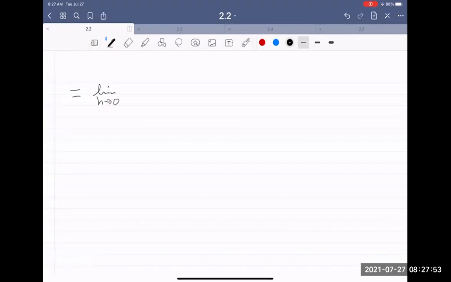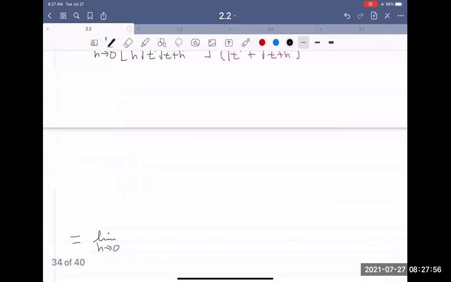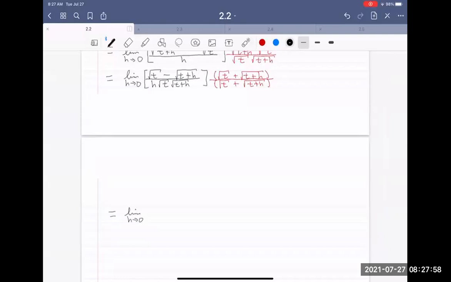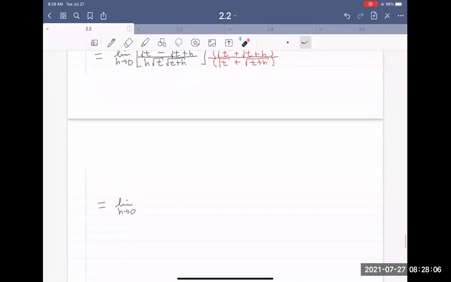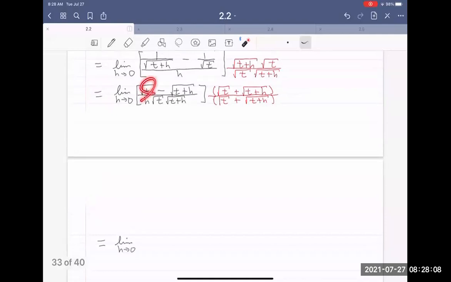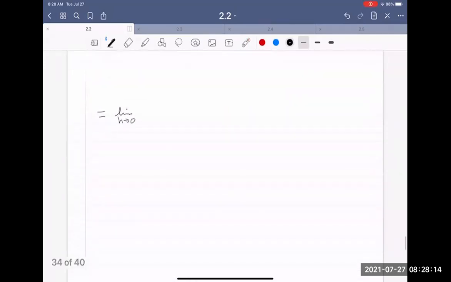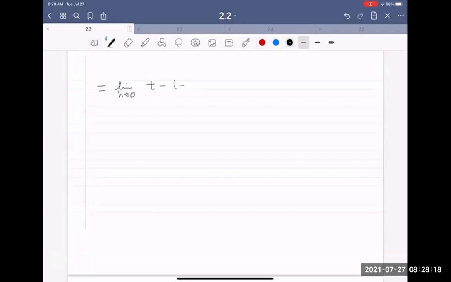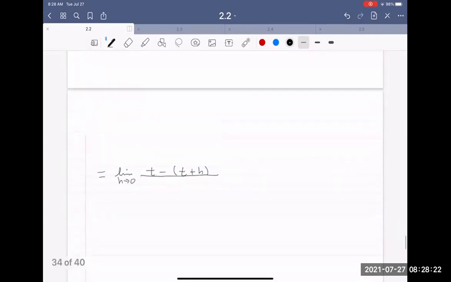As h goes to 0 of, well, this is now, since I'm multiplying by the conjugate, each of these square roots will disappear. And so this is equal to t minus t plus h in the numerator.